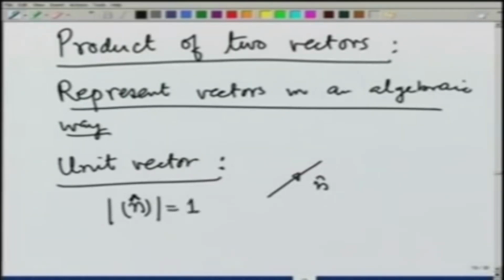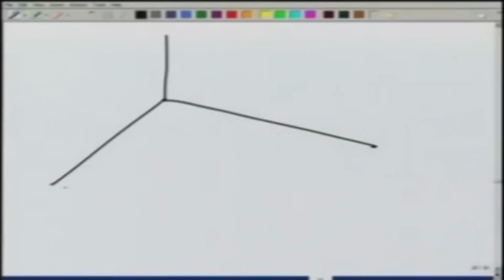In particular, now we will take the x, y and z axis, a Cartesian coordinate system, and define unit vectors: in x direction, call it i, in y direction, call it j, and in the z direction, call it k.